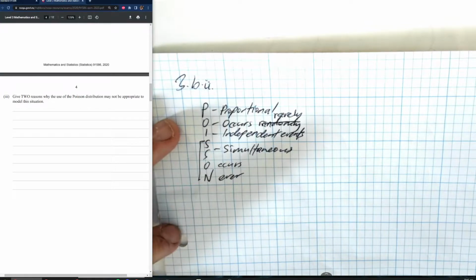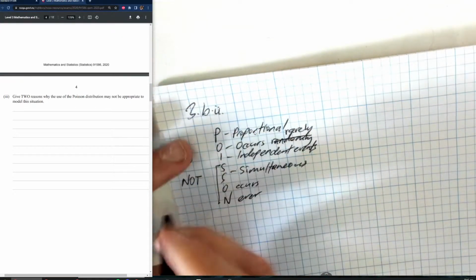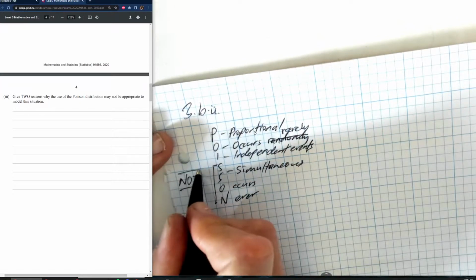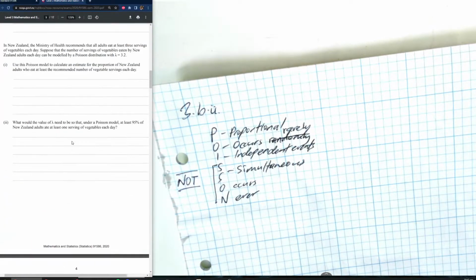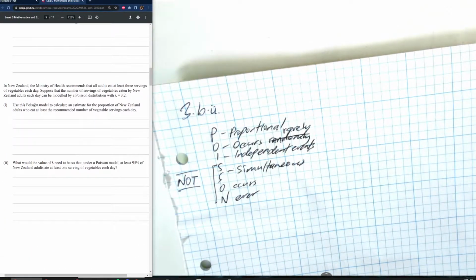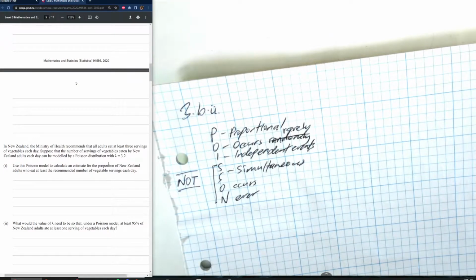Okay, which of these are not? They're asking us to be critical, right? They want us to see where the distribution falls short. So in our example, we're looking at vegetable consumption in adults. Okay, we'll just go with this one here.